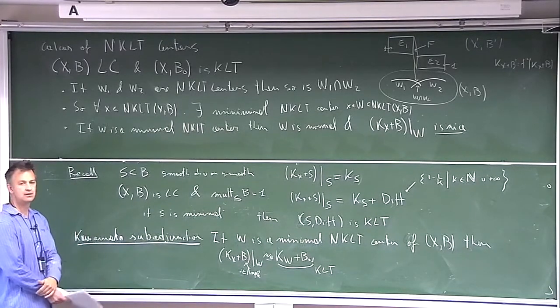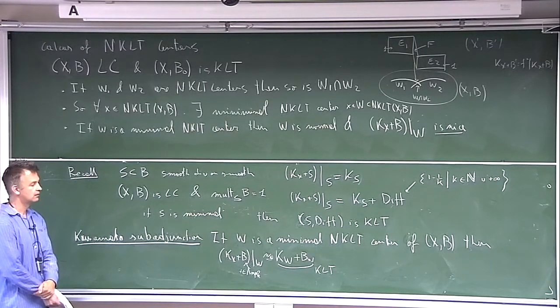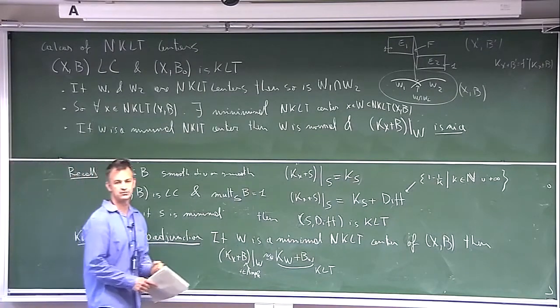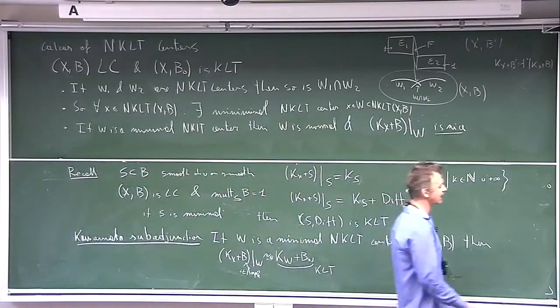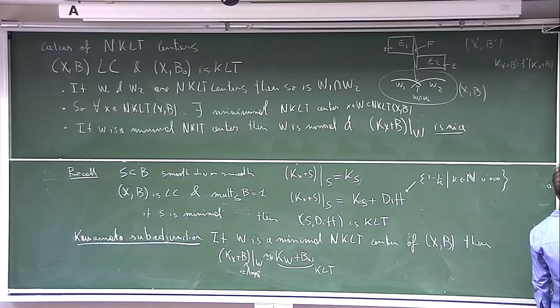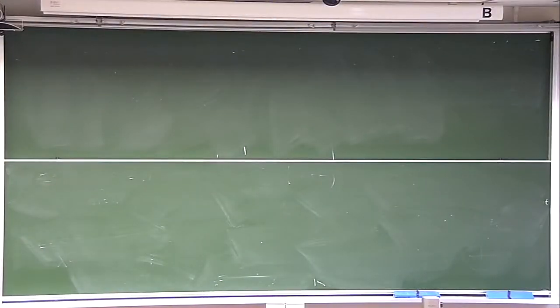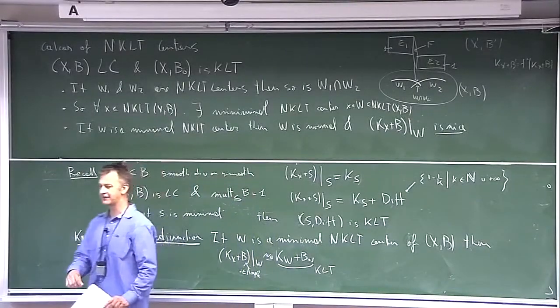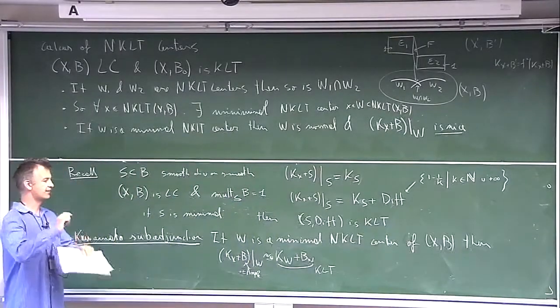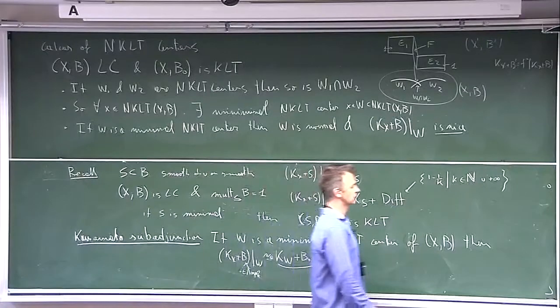And what is the definition of B_W on the right-hand side? Oh, it's a complicated object. I can tell you. Because restriction is not defined there. Right. You have to go look at the log resolution.